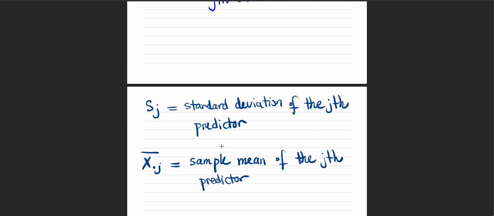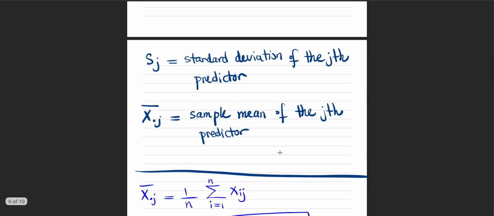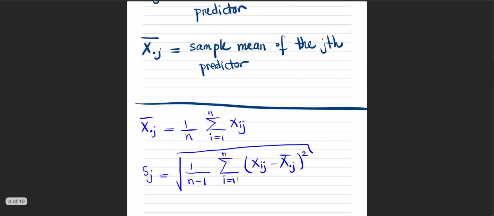Sj is the standard deviation of the jth predictor, and x bar dot j is the sample mean of the jth predictor. So x bar j is the sum of all the values of the predictor, Xij, ith row, jth column. So we look at all the rows of the jth column. We look at the sample mean. And this is how we find the sample standard deviation. The summation is over all the elements in the jth column.